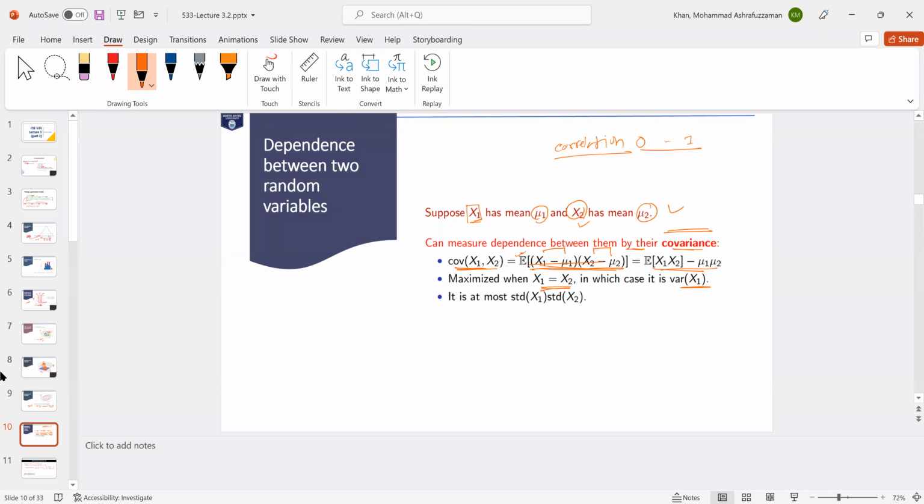And the maximum value covariance can have is the standard deviation of x1 times the standard deviation of x2, plus or minus. So we can say either max or min, or basically the absolute value. This is the maximum range, either positive or negative. So we only discussed the nature of the values we have inside the covariance matrix.